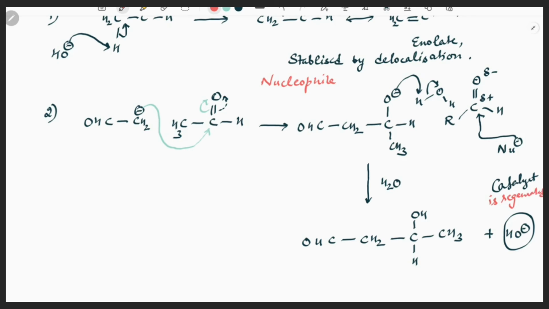Catalyst is regenerated. Now, looking at the molecule, focus on this CH2. In this CH2, we now have one hydrogen. Since the conditions are basic, this hydrogen can be easily extracted by a base molecule, which results in what? This is an E2 elimination.